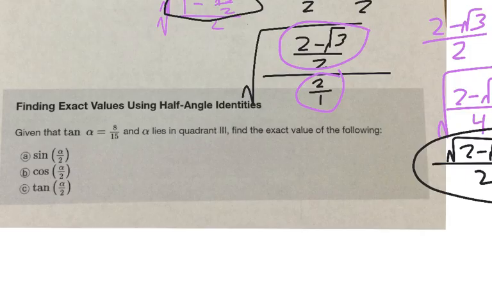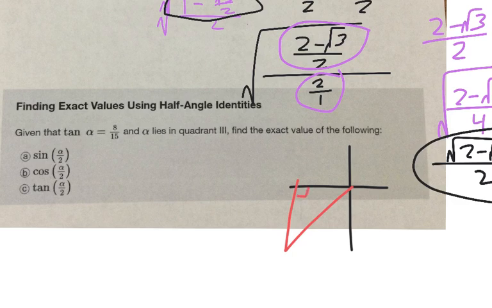The next one, we are given tangent of alpha is 8 over 15, and we know alpha is in quadrant 3. We want to find the exact value of the following. I'm in quadrant 3. This is my angle alpha.